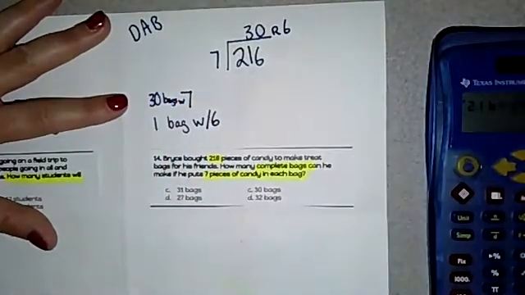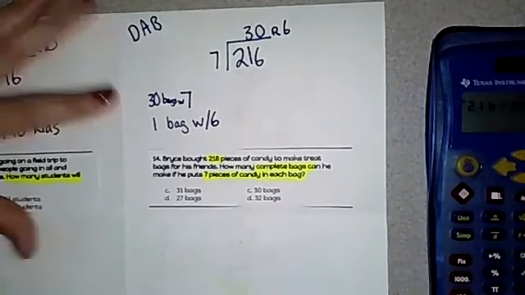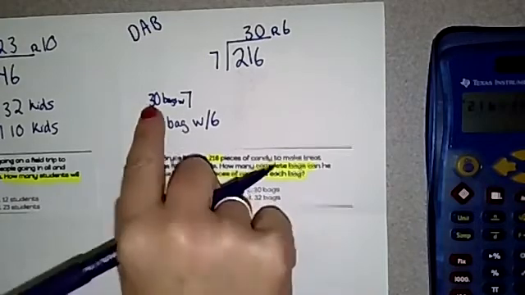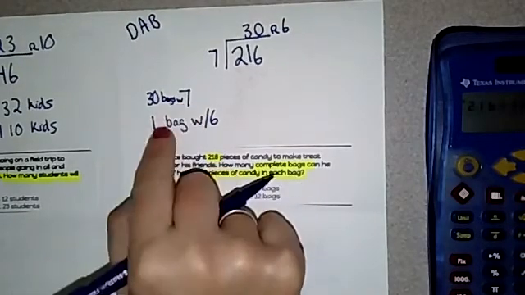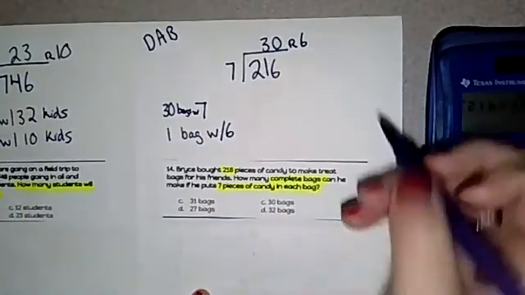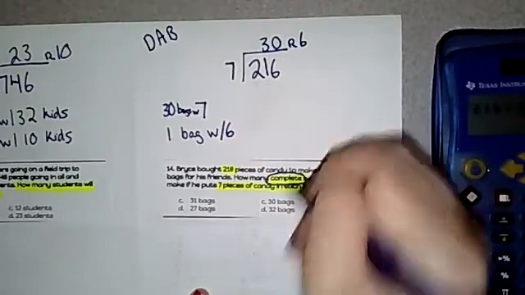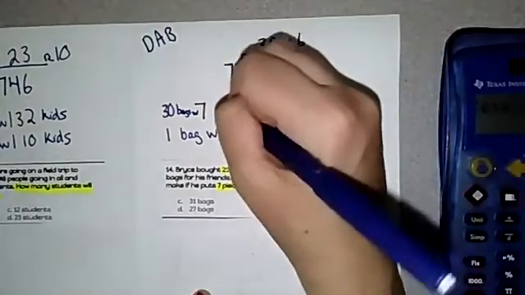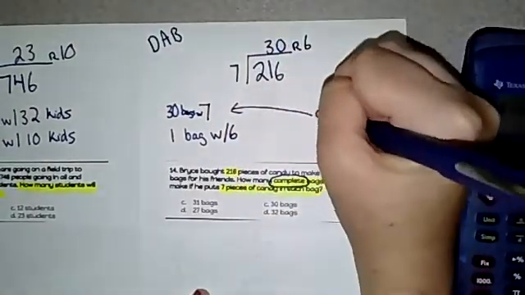Does that make sense? So how many complete bags do I have, Sam? I have 30 bags that have 7 in them, 1 bag that has 6. So how many complete bags do I have? Good. These are the complete ones.